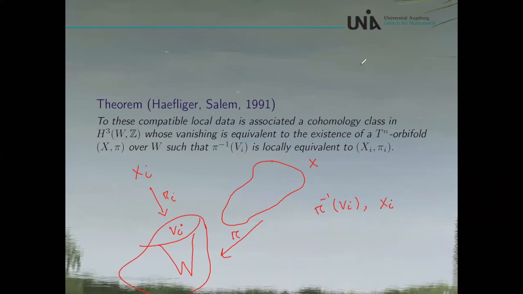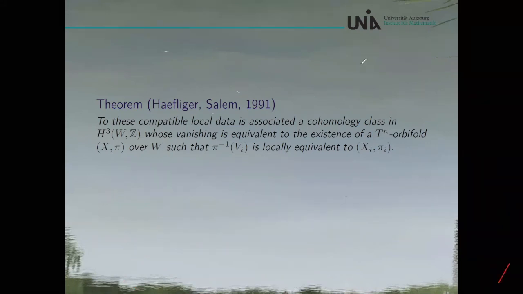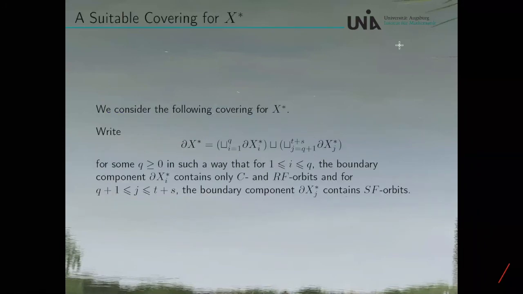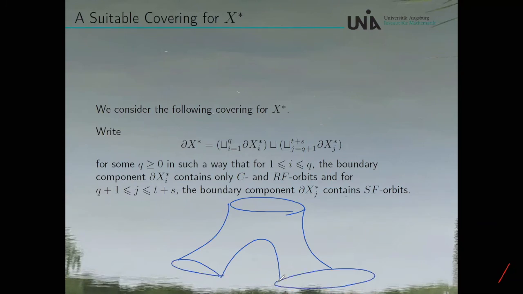Okay, now let's see how we can go through it. The first step is to find the covering. To find the covering, I divide the boundary components into two groups.